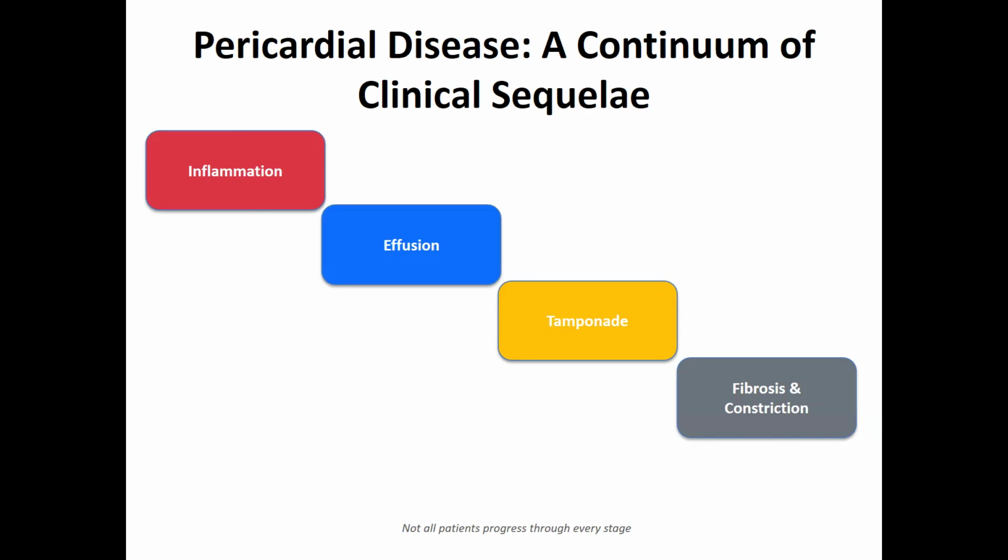Moving now to pericardial pathologies and diseases, it's always interesting to think about them as a continuum, a continuum of sequelae. It starts with inflammation, and it can progress to effusion, and pericardial effusion can have tamponade physiology, and some patients with ongoing inflammation can end up in fibrosis and constriction.